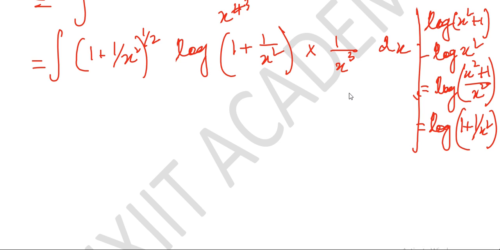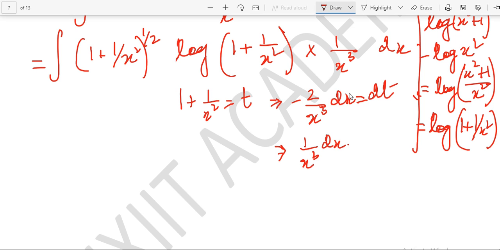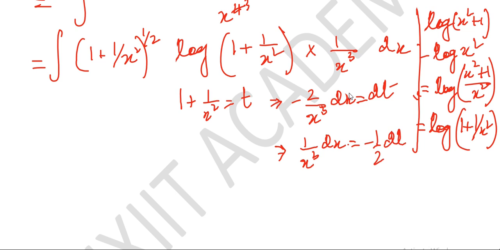Now we can simply take a substitution. Let's take 1 plus 1 by x square as t. So this is minus 2 by x cube dx is dt. So from here we have 1 by x cube dx is minus half dt. So we have integration t to the power half, since we took 1 plus 1 by x square as t.